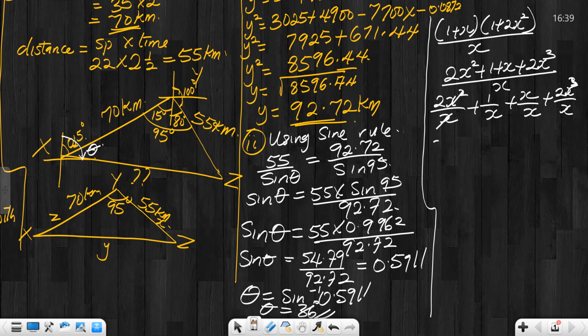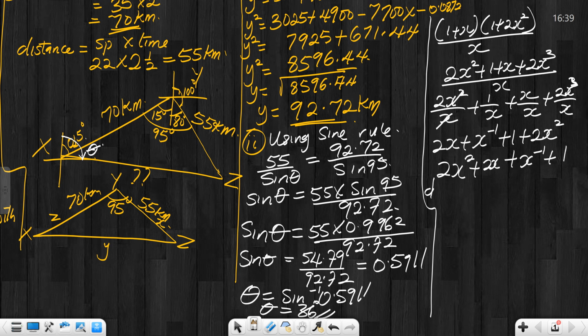So I will have 2x plus x raised to minus 1 plus 1 plus 2x squared, which rearranged is 2x squared plus 2x plus x raised to minus 1 plus 1.